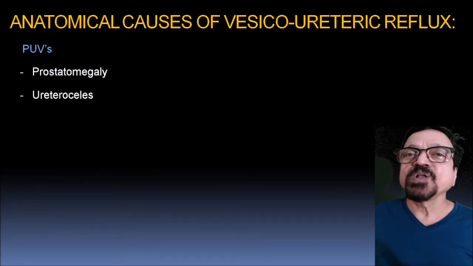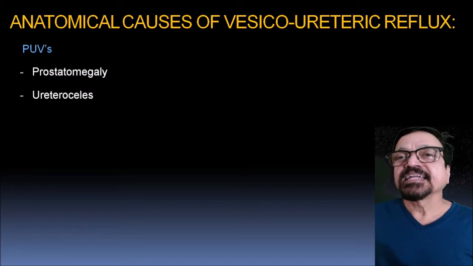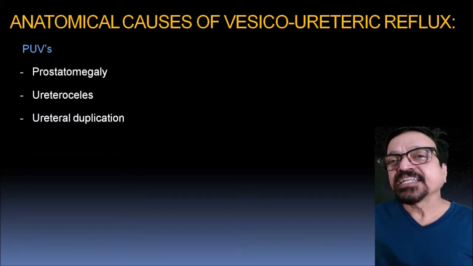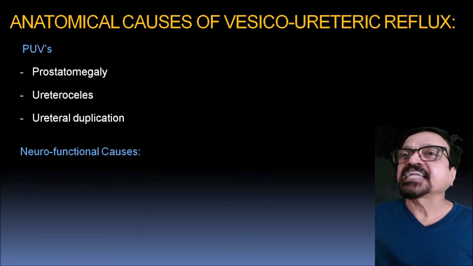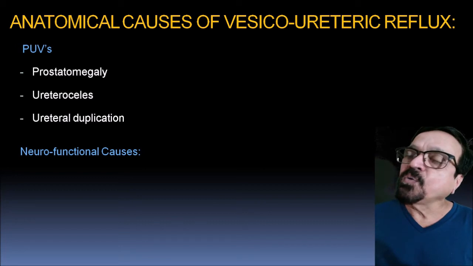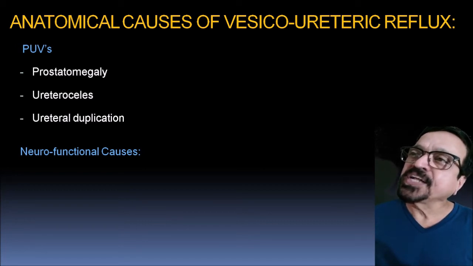Now what are the causes? They can be prostatomegaly, ureterocele, then ureteral duplications. What we are seeing are the anatomical causes of vesico-ureteral reflux. In other words, what can cause vesico-ureteral reflux?